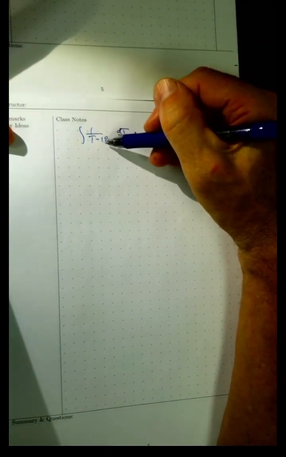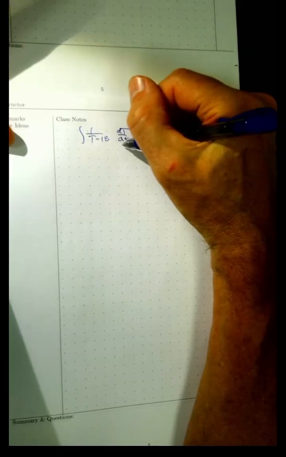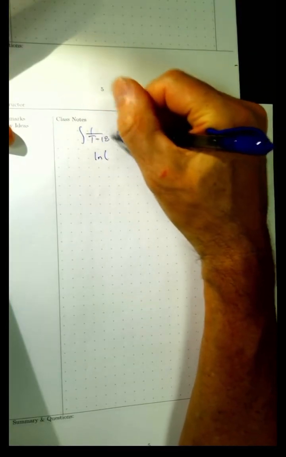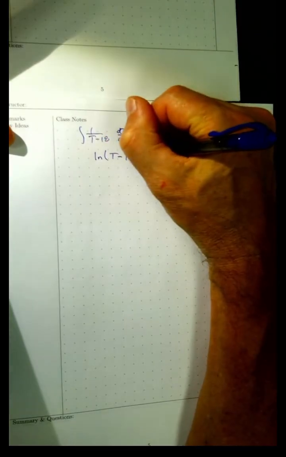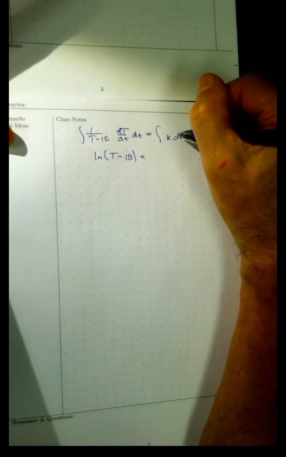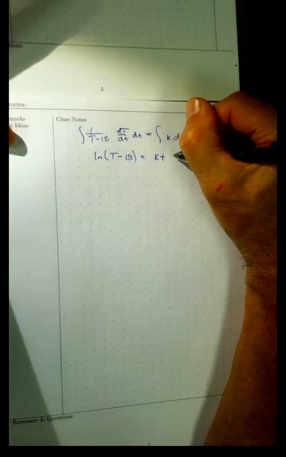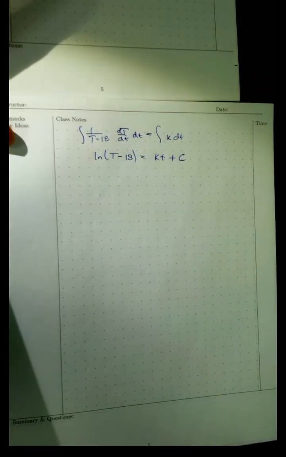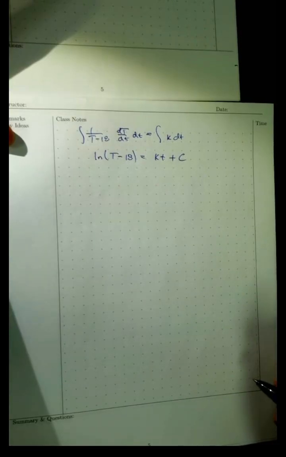The antiderivative of 1 over T minus 18 is log of T minus 18. This is kt, but because I took an antiderivative, I'm off by a constant between those two things.